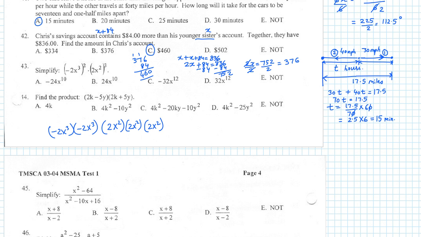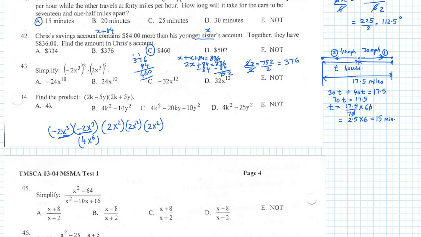So minus times minus is plus, and then 2 times 2 is 4, and x cubed times x cubed, whenever the bases are same, we add the exponents. So what we'll get is 4x to the power 6 for this times this.